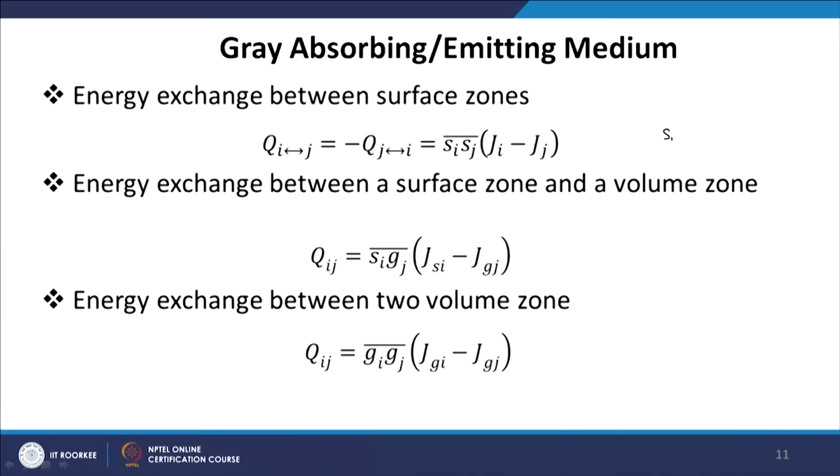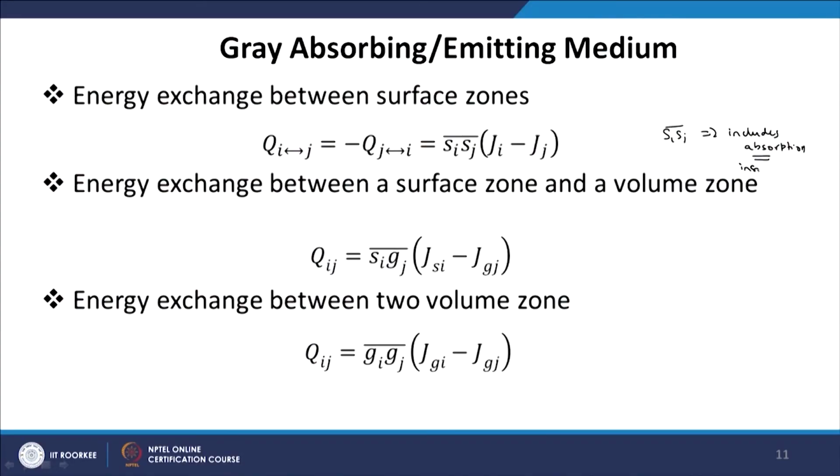The only thing is now SiSj, the direct exchange area, includes absorption and emission. Direct exchange areas basically include absorption within the medium. We will discuss in the next lecture how this is calculated.